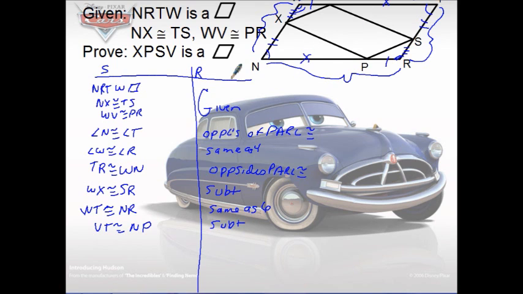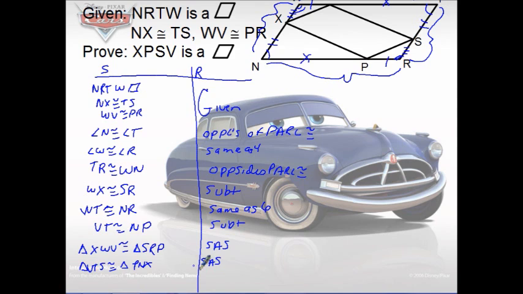And now I have two sets of congruent triangles. Triangle XWV is congruent to triangle SRP. The reason, side angle side. My next pair of congruent triangles, triangle BTS is congruent to triangle PNX, again by side angle side.